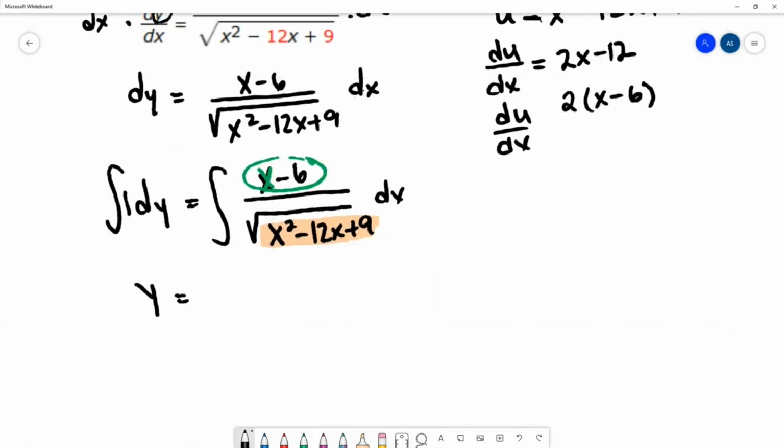So what I can do is multiply by 2 over 2. 2 over 2 is the same as 1, and multiplying by 1 doesn't change a problem. 1 times 5 is still 5.